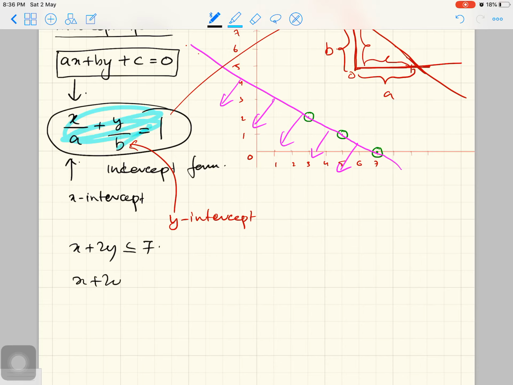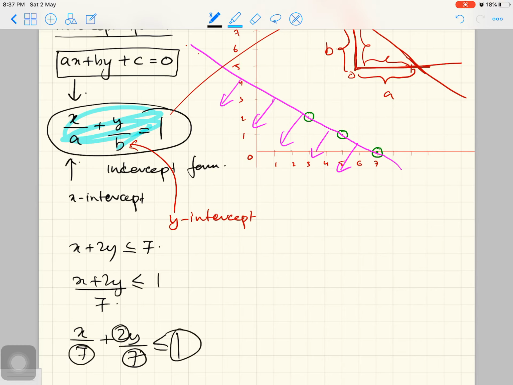x plus 2y is less than or equal to 7, and I divide by 7, so the right side is 1. x by 7 plus 2y by 7 is less than or equal to 1. As you can see, I have 7 here and 7 here, but this 2 is extra.